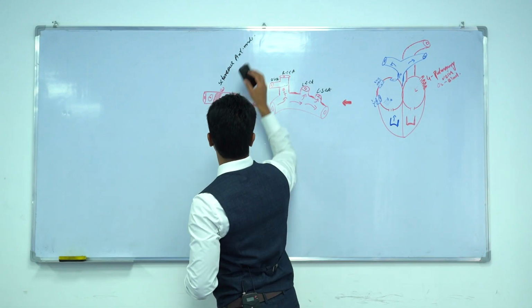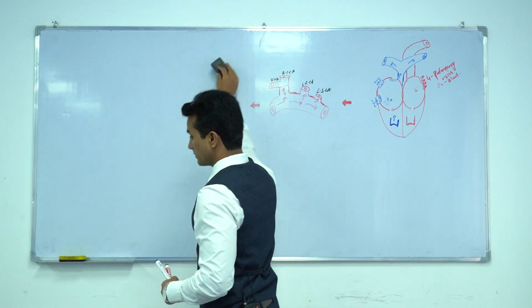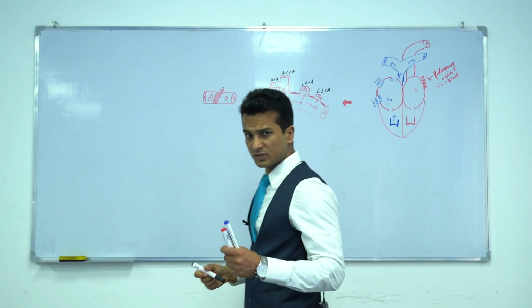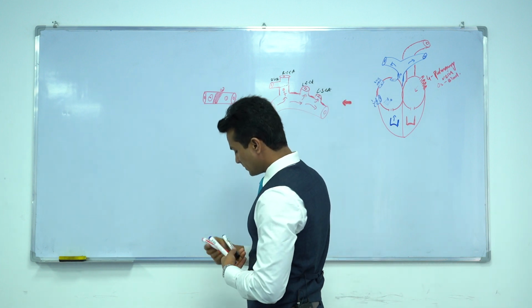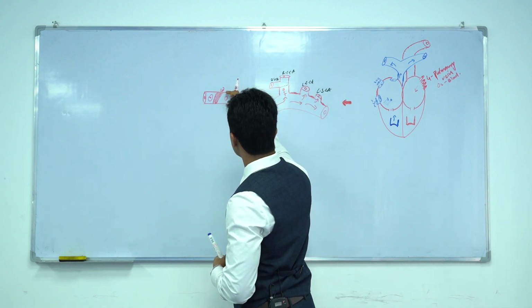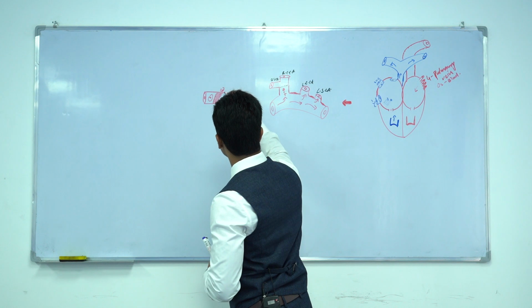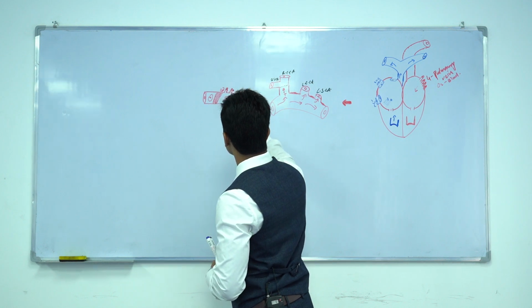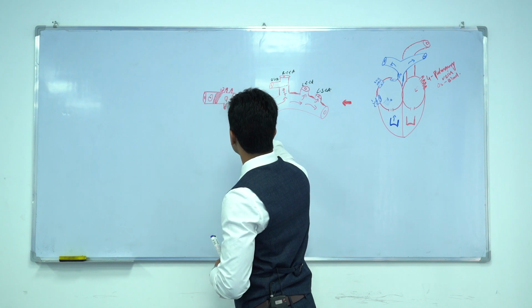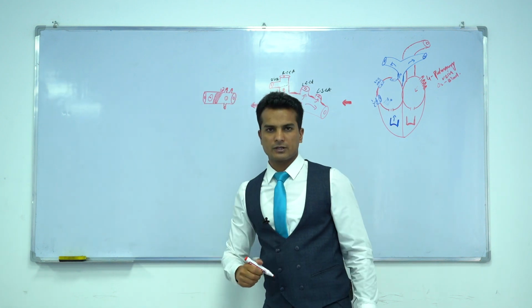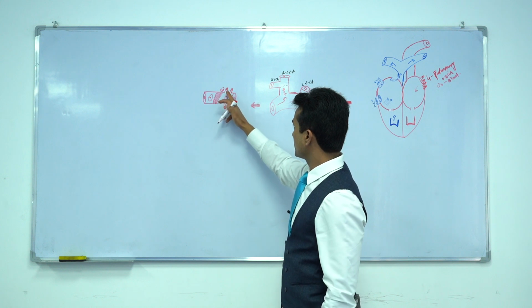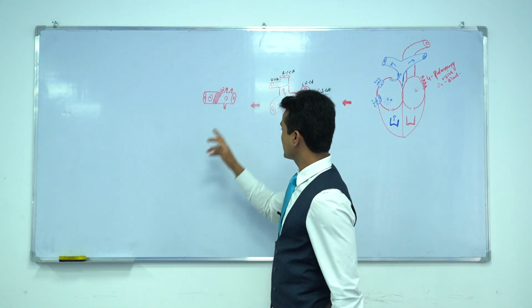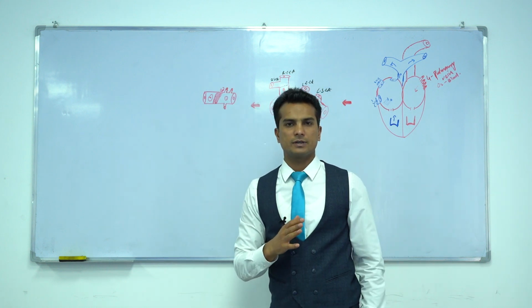Now we will discuss the branches of the subclavian artery, which are very important. The first part of the subclavian artery gives three branches. First is the vertebral artery, which is very important.